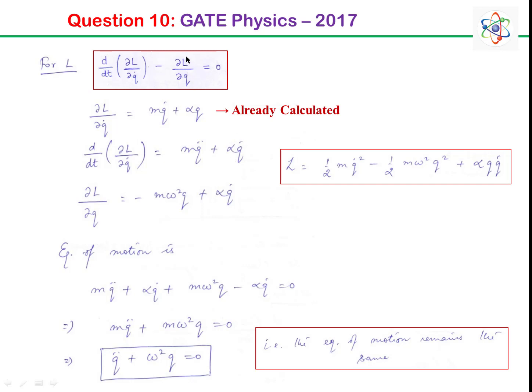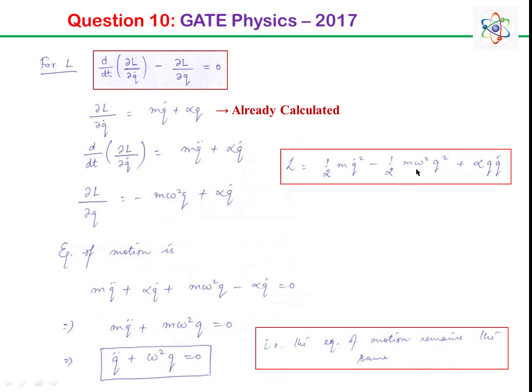Again we can obtain this second term by differentiating this L with respect to q. If I differentiate this L with respect to q, this term becomes 0 because we don't have any q over here, so the only contribution will come from this and this.